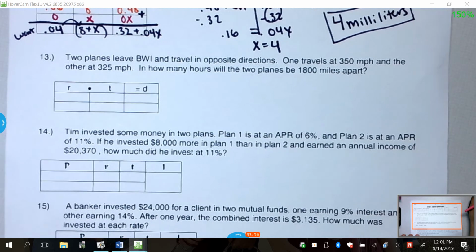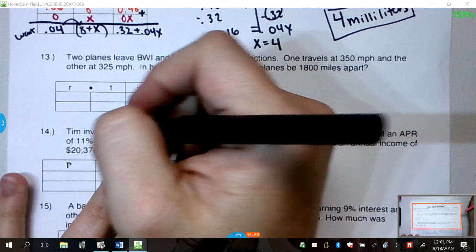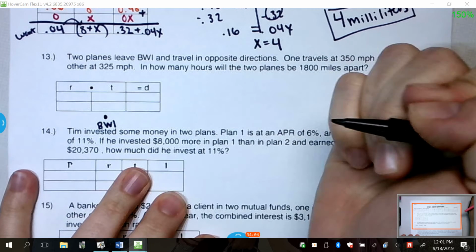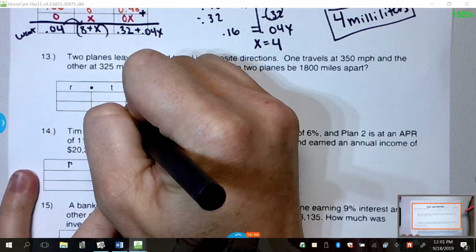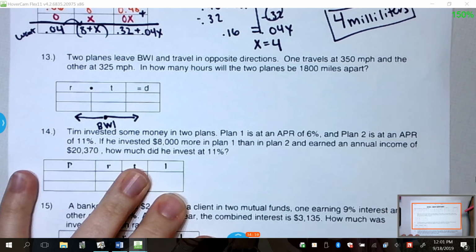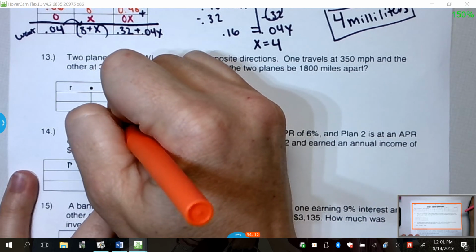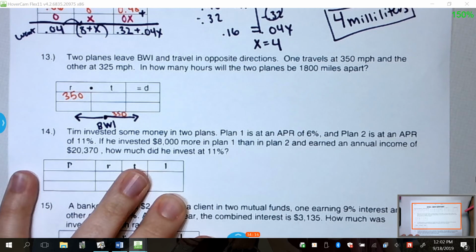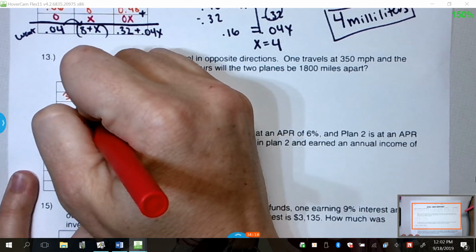Two planes leave BWI and travel in opposite directions. So I have them both here at BWI, and they're traveling in opposite directions. One travels 350 miles per hour, and the other travels 325.